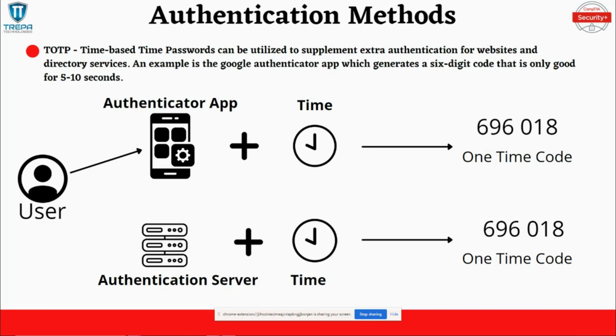I have the Google Authenticator app on my phone, and for pretty much everything, I use this as a second form of authentication, where it gives you a one-time code to be used, and that one-time code expires after a certain amount of time. I think it's 15, 30, or 60 seconds for the Google Authenticator app, but I'm not really sure. The Authenticator app is talking to that Authenticator server, which is going to give it that one-time code.